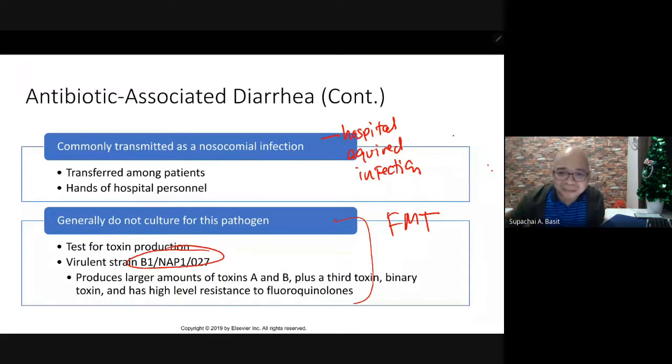Fecal material transplantation. Do you know in the United States they have a stool bank, and you will also get paid if you donate stool? So how about it? You will get paid if you donate stool.